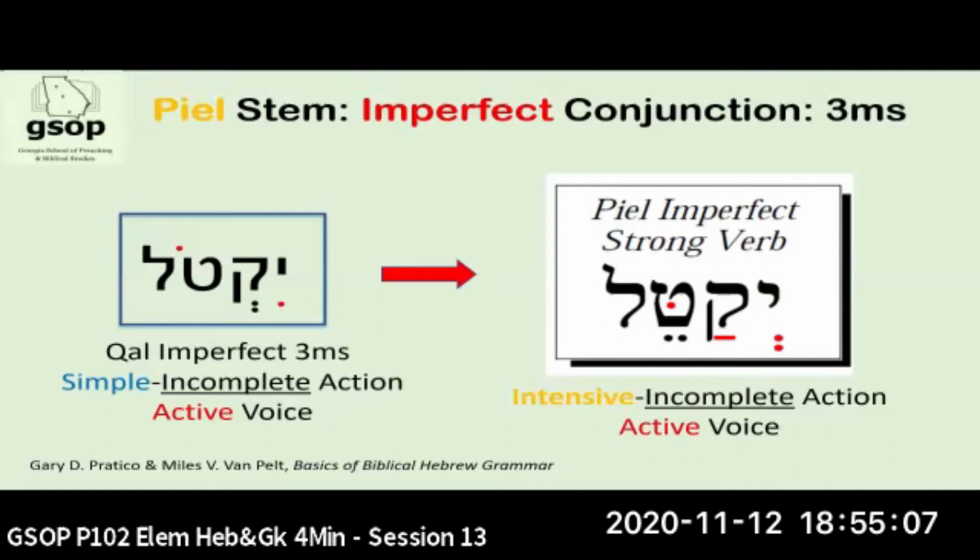So it's yeqattel. We have a vocal shewa with the hireq, with the yod as part of the prefix. We got our same root letters, the qof, the tet, and the lamed, and the vowel patterns changed a little bit. And we get yeqattel, intensive incompleted action, active voice.